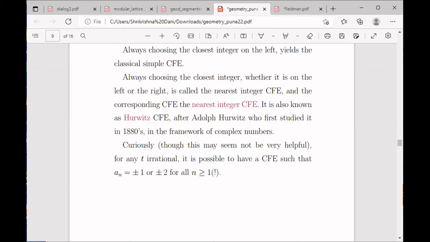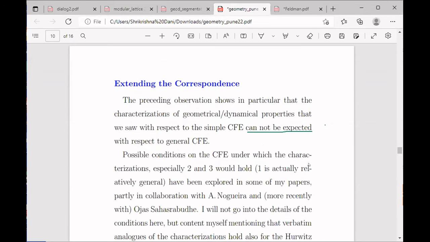So any real number t admits a continued fraction expansion where the entries after A0 are always plus or minus 1 or plus or minus 2. Okay, so that's purely maybe a recreational thing, will not help us more.